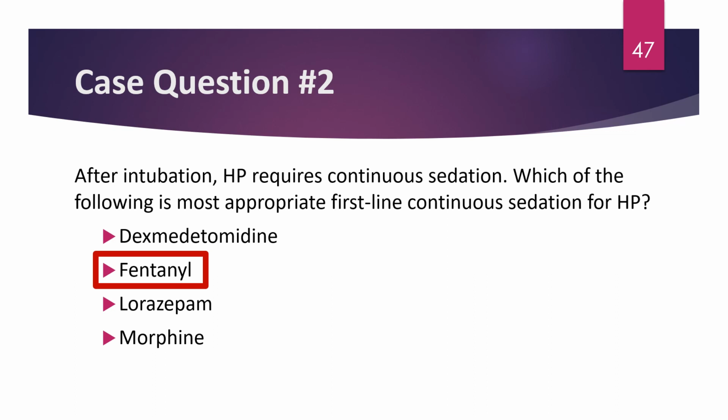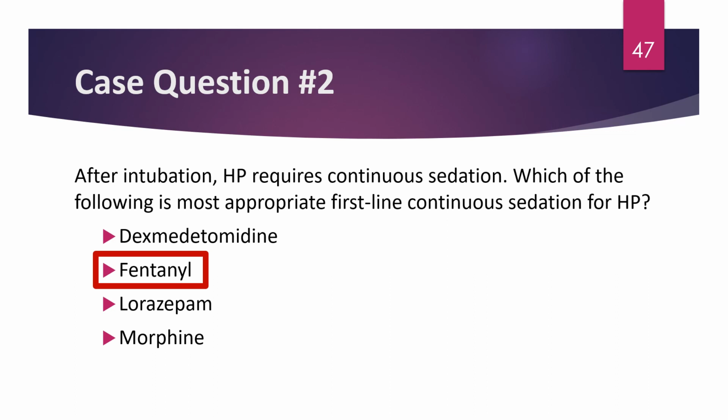Fentanyl is preferred here because we want analgosedation, or analgesia first for sedation. So basically, we would want to use an opioid first. We don't want to use morphine because remember, morphine has the most histamine release associated with it, therefore causing hypotension and an additional increased risk of pruritus. Dexmedetomidine and propofol are second-line agents and should be used after you at least start a fentanyl drip.